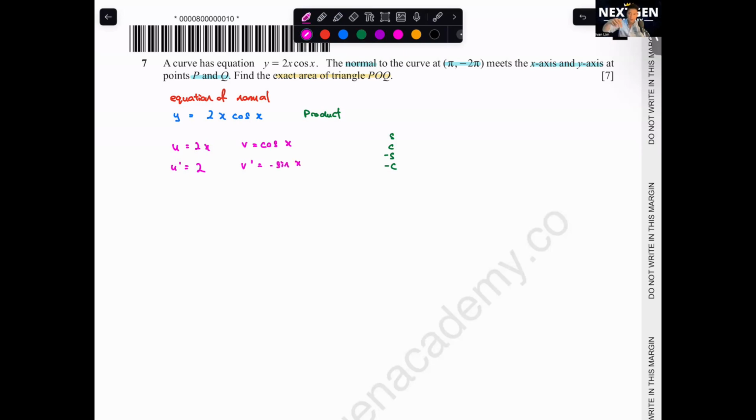When you differentiate, you just go down the acronym S, C, negative S, negative C. So we can cross multiply to get uv prime plus vu prime. This is not necessary to write, but I'm writing it so that you are clear what we're doing here. So 2x times negative sine x plus cos x times 2. We will get negative 2x sine x plus 2 cos x.